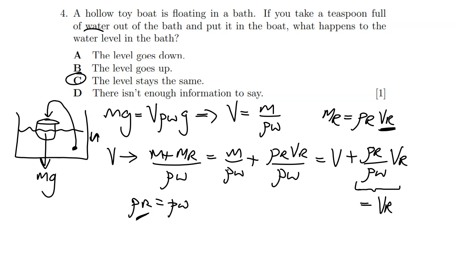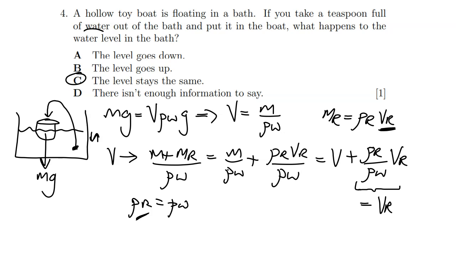Now, what's a more interesting question is, and we can intuitively check our answers here, what if instead of a teaspoonful of water, we had simply some kind of incredibly dense rock, but it was really, really tiny.